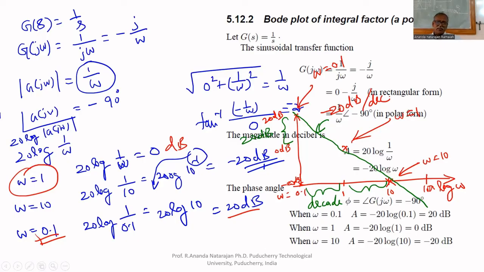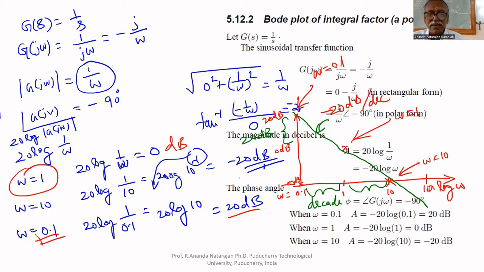So therefore, if we have s in the denominator, a slant line decreases at the rate of minus 20 dB per decade. That's all. We have to draw an inclined line with a slope of minus 20 dB per decade. 1 decade means 0.1 to 1 is 1 decade, 1 to 10 is 1 decade, because it is tenfold.